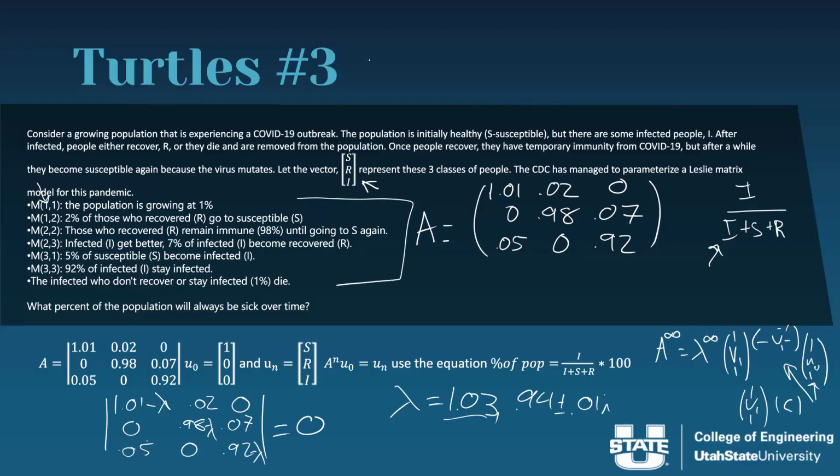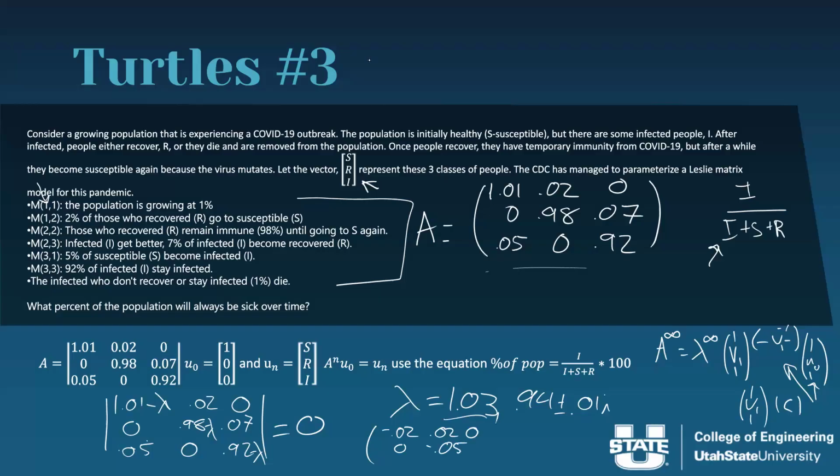All right. So then to find my first eigenvector, I'm going to set up my matrix. So I'm subtracting off 1.03 from my original A matrix. So 1.01 minus 1.03 is negative 0.02, 0.02, 0, 0.98 minus 1.03. My brain doesn't work. Who's got that? Negative 0.05.